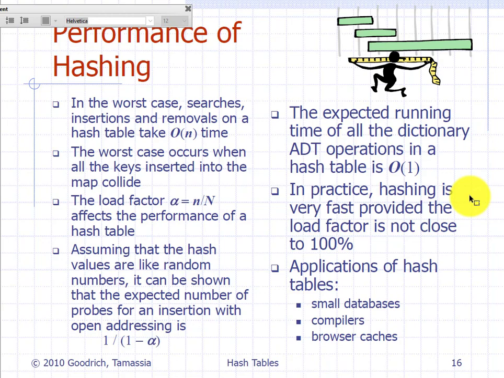But we can actually show that if we do pick our hash function, which includes picking the hash code and the compression function, in a way that allows a uniform distribution of the keys over the hash table, then we can achieve O(1) for all of these things: insertion, erasing, and searching. So this is very important, right?